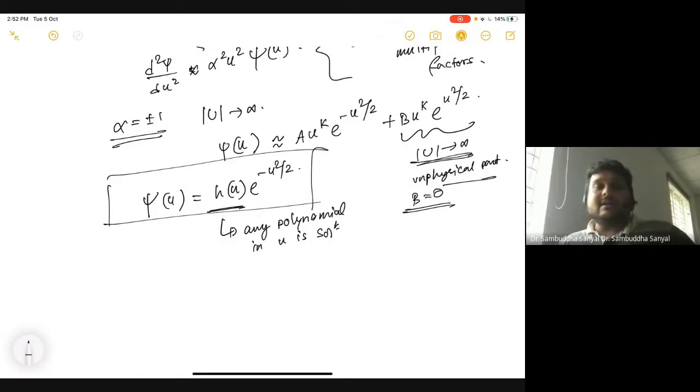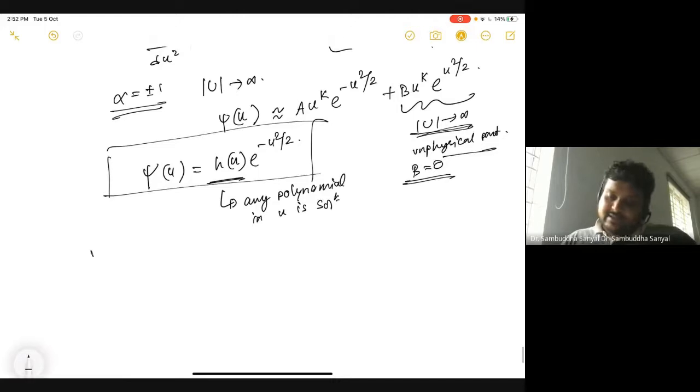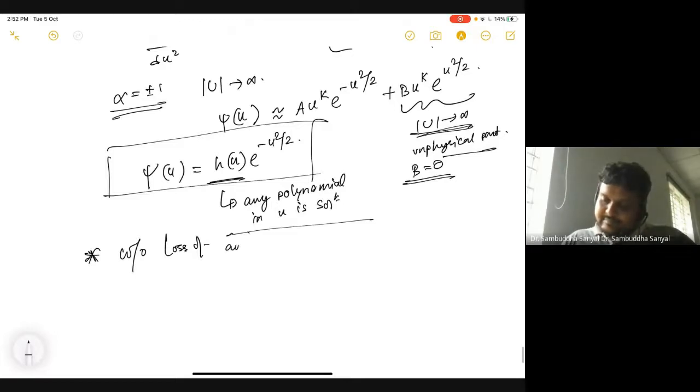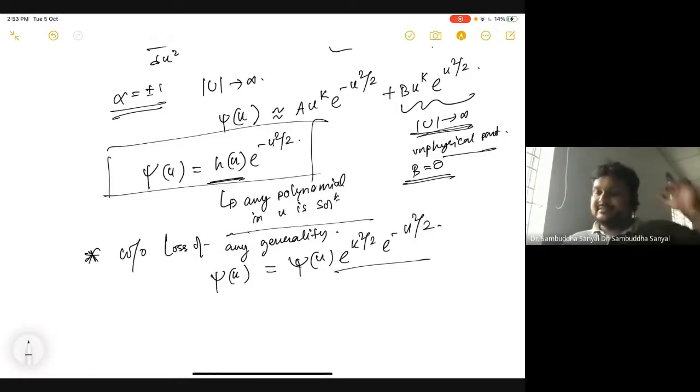So alternatively, without loss of any generality, I can say h(u) is psi(u), that is psi(u) e to the power u squared by 2 times e to the power minus u squared by 2. So I did nothing. I just added and subtracted u squared by 2. But then I can say this guy is my h(u).